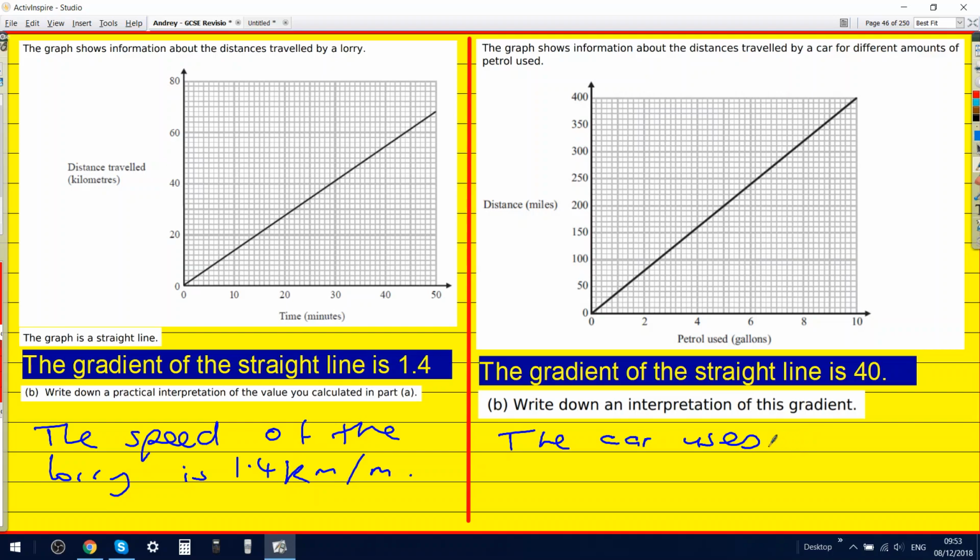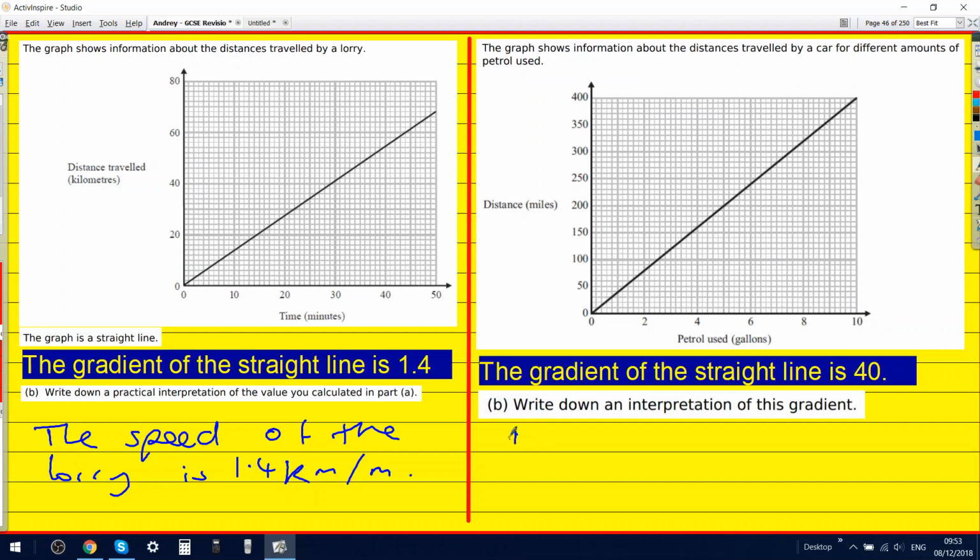In terms of the gradient? Oh, the car uses 40, maybe. So basically the distance is 40. So instead of 400 miles for 10 gallons, you could say 40 miles per 1 gallon.